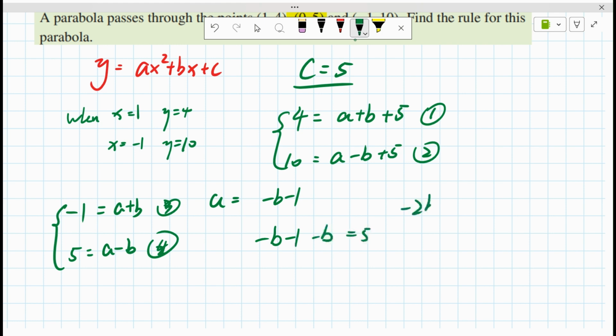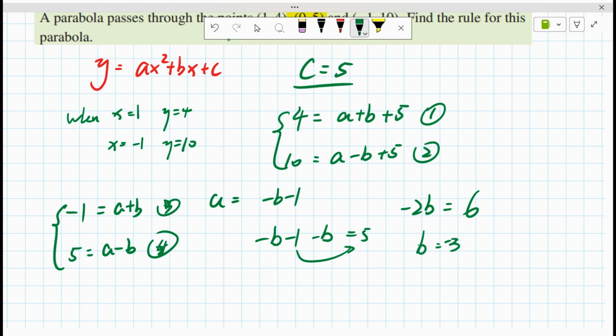So minus 2b equals 6, sorry, my mistake, that should be 6, because the minus 1 moves over and becomes plus 1. So b equals minus 3.